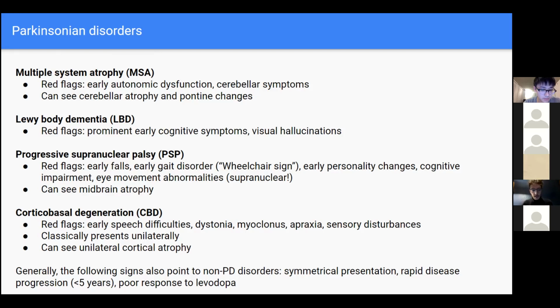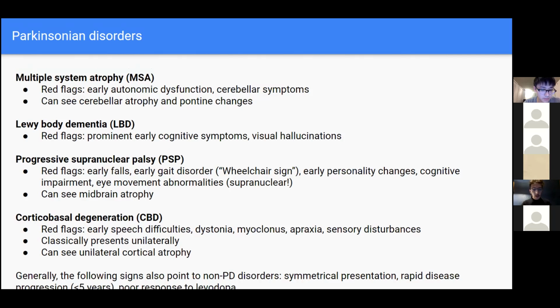Next entity is progressive supranuclear palsy, or PSP. The red flags of that are early falls and early gait disorder. So think of the wheelchair sign in PSP. The wheelchair sign is essentially when someone is coming in with a wheelchair, and it says on the consultation request, rule out Parkinson's disease, you think of PSP.